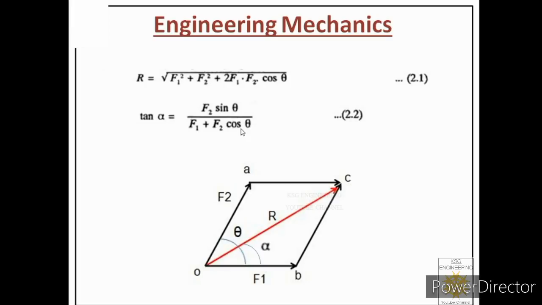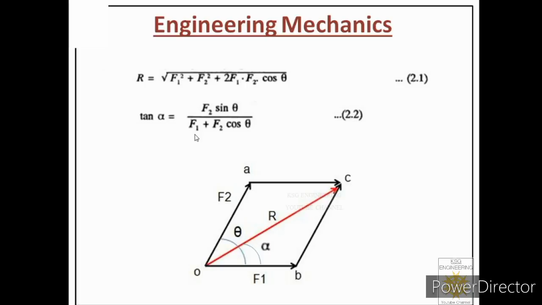But when you solve some numericals, you will be given these two values as numerical values. Let us say F1 is 10 Newton and F2 is 20 Newton. Then in that case you may get confused which force I should take as F2 and which force I should take as F1.